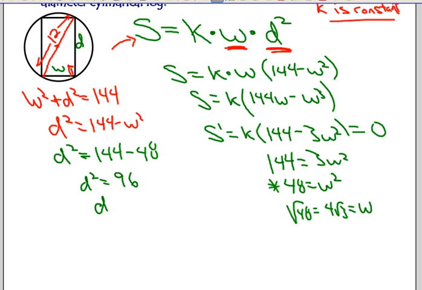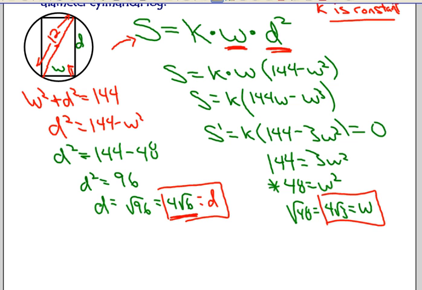Taking the square root of 96, 16 is still a factor, so it's 4 square root of 6. So the depth equals 4 square root of 6, and the width equals 4 square root of 3.